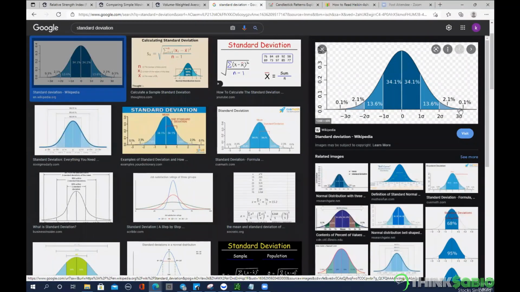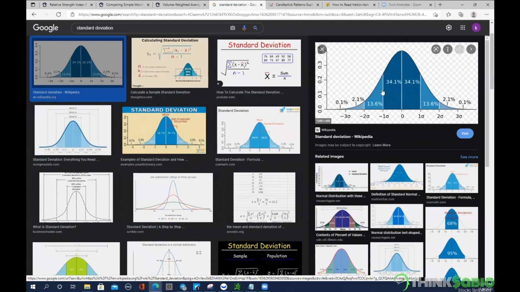What is standard deviation? 68% of the data will fall under one standard deviation. This is -1, this is +1. So 68% of the data, be it any data, be it people who have white hair, or people between this and this age, or the number of houses that have a basement or whatever, right? In general, this is statistics.